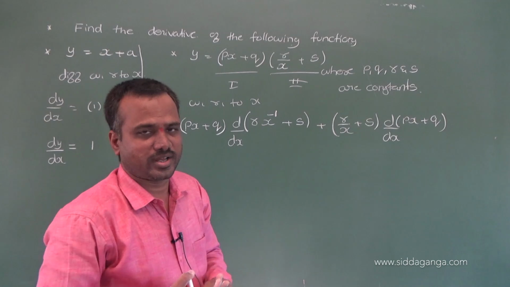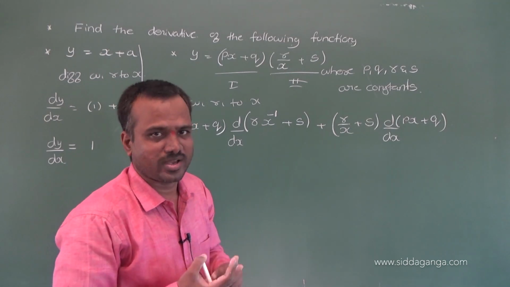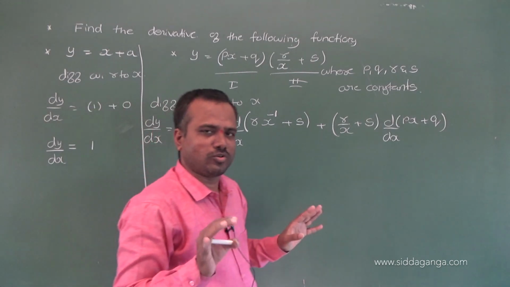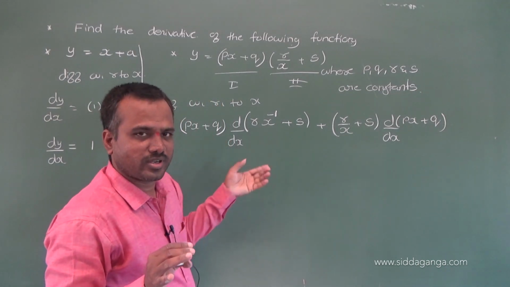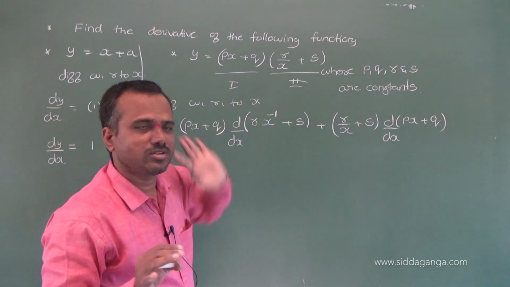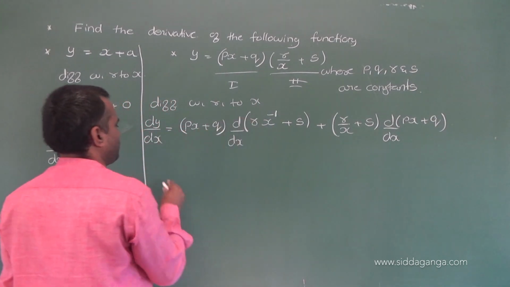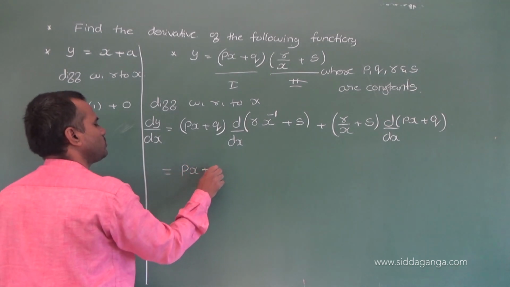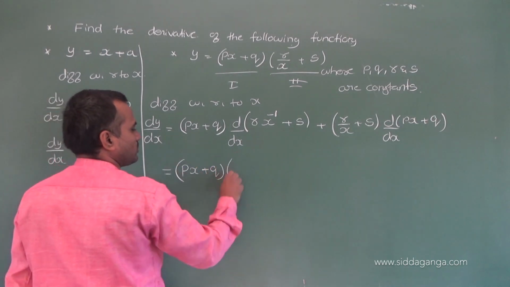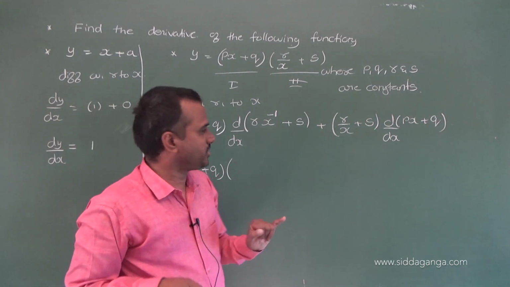So you know already the derivative of 1 by x is minus 1 by x square. If you don't know, then we shift the x from the denominator to the numerator, the power becomes negative.